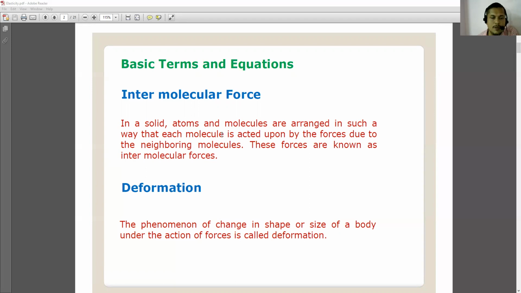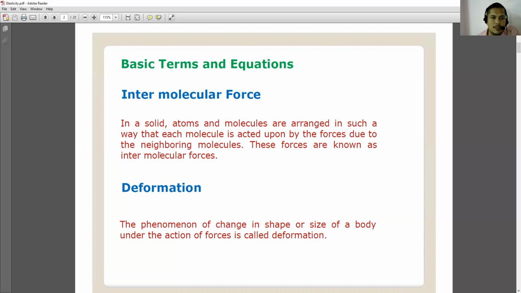Here, when we are considering the solid material, we know that it consists of atoms and molecules. If we check its arrangement, each molecule is acted upon by the forces due to the neighboring molecules. Now this force is nothing but intermolecular force. We are discussing the basic terms to understand the elasticity.